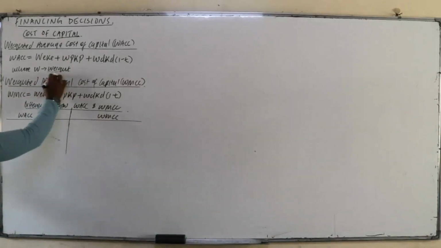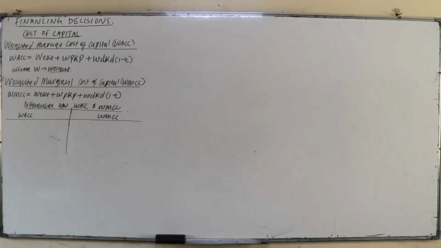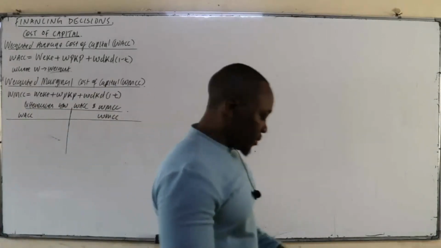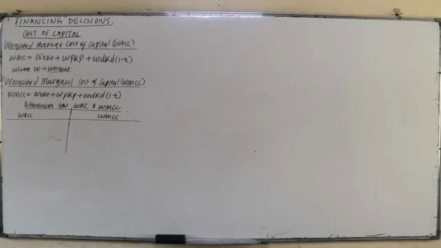I mean these weights. On the side of WMCC, it uses the optimal capital structure to determine the proportions.